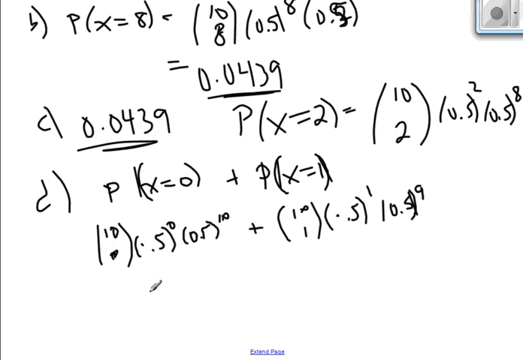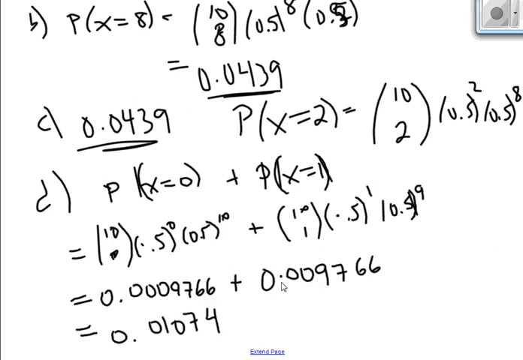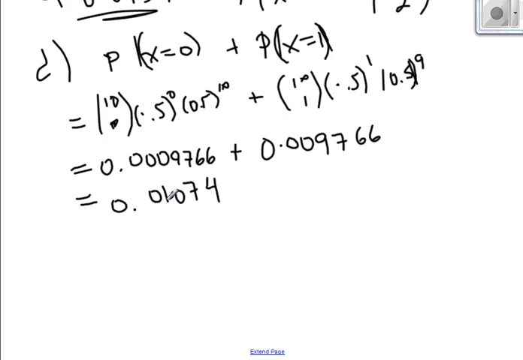Okay, so calculating this out, what do we get? For the probability of 0 heads, I get 0.00097666. For the probability of 1 head, I get 0.009766. So the probability of getting 0 heads or 1 head is just over 1%.